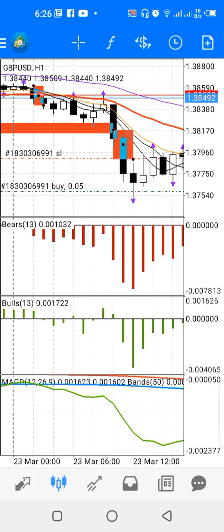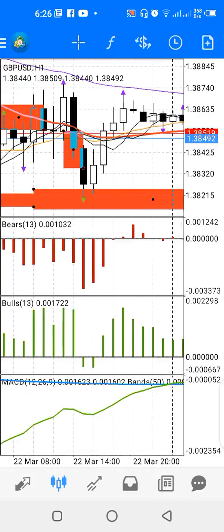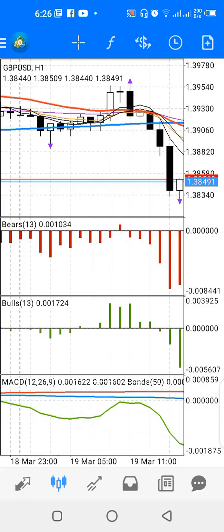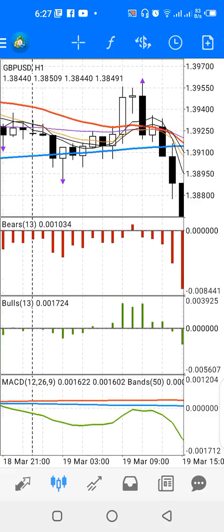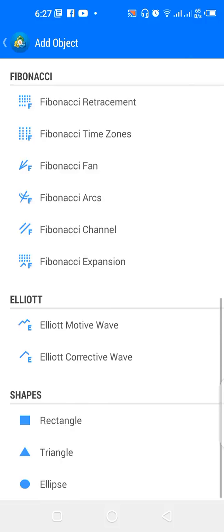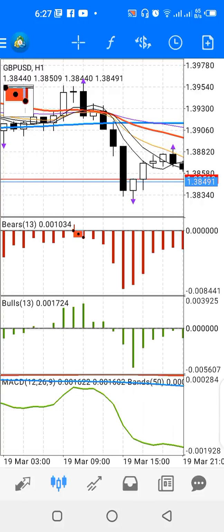All right, so let's look at how you can use indicator window 1. Indicator window 1 is the bears indicator. You use it to spot your buy trades when the bears indicator bars develop above the 0 level, like you have around here.